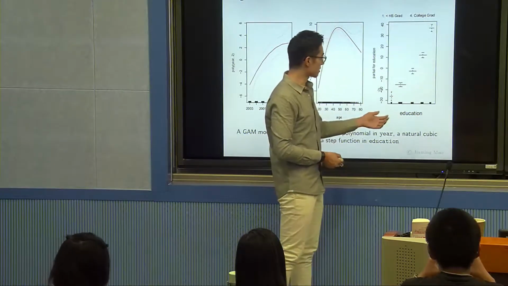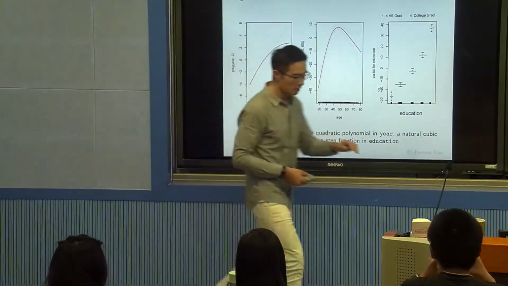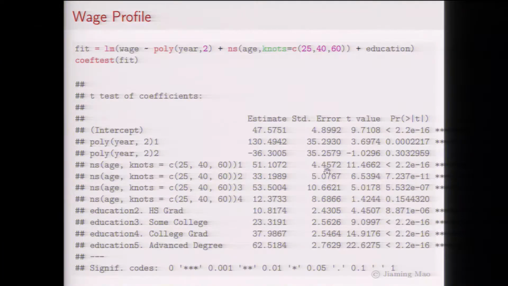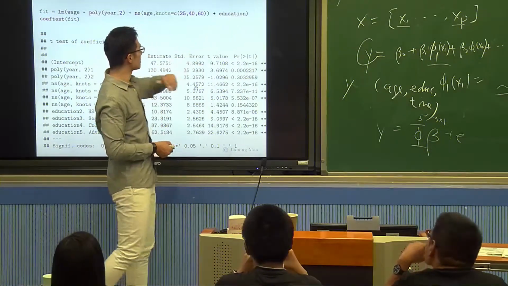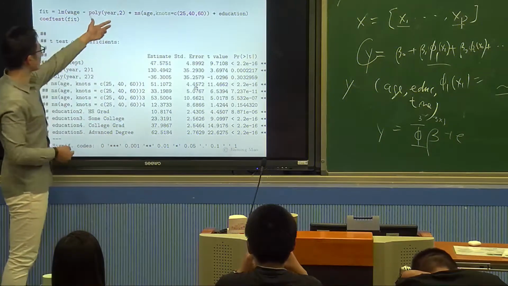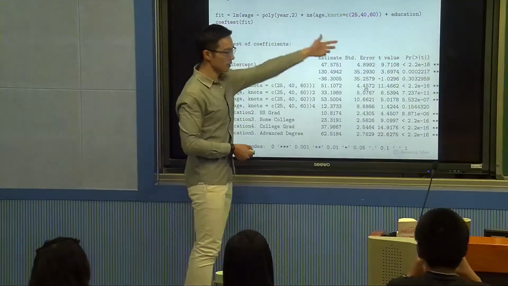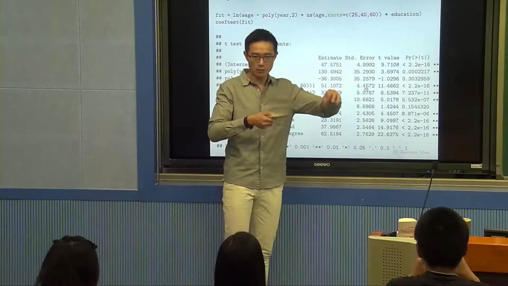In R, that's extremely simple as well. Education is a discrete variable, so I can just put it here like this. I'm going to use a natural spline for age, a polynomial for year, and add them together.